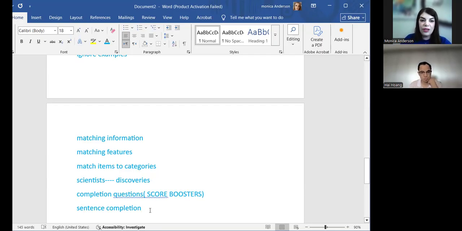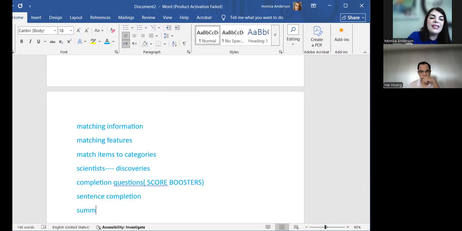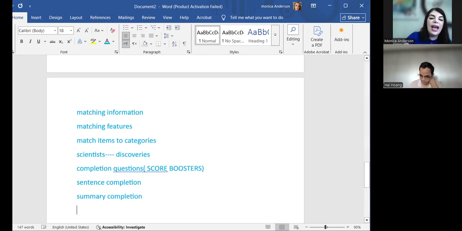This is sentence completion. Then we have summary completion. This one is different: complete a summary, with a word list or without a word list. We have note completion. It feels like a summary, but it's shorter.